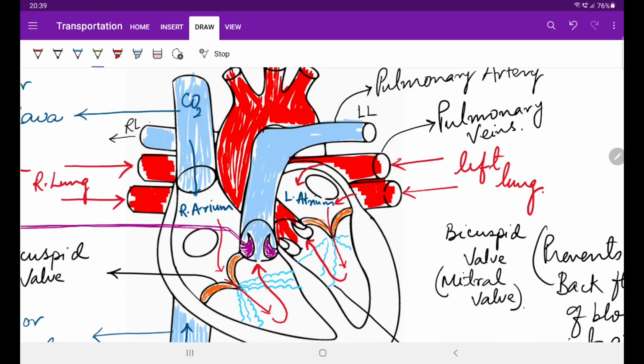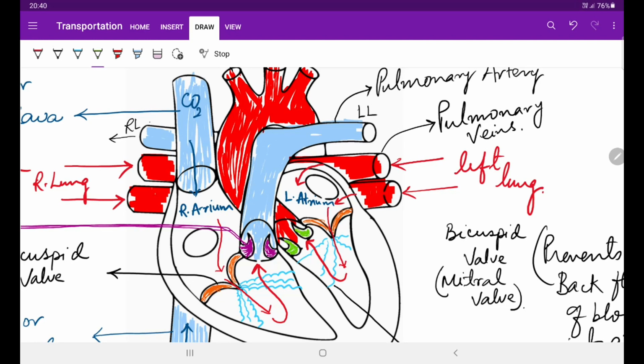Before letting the blood go into the aorta itself, the aorta is guarded by two sphincters or two valves which are present like this, as we have seen in the case of the blood which is going into the pulmonary artery.